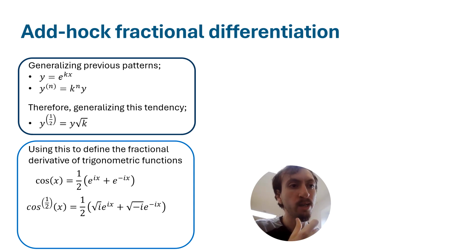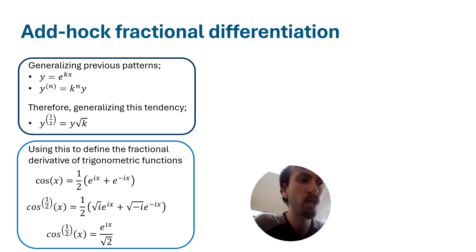And then we can use a symmetry with the square root of i and the square root of minus i to simplify this. And it becomes, as I encourage the viewer to attempt themselves if they want to play a little bit around with the mathematics, we get the half derivative of cos of x is e to the ix over the square root of 2. Now, this all looks lovely so far.